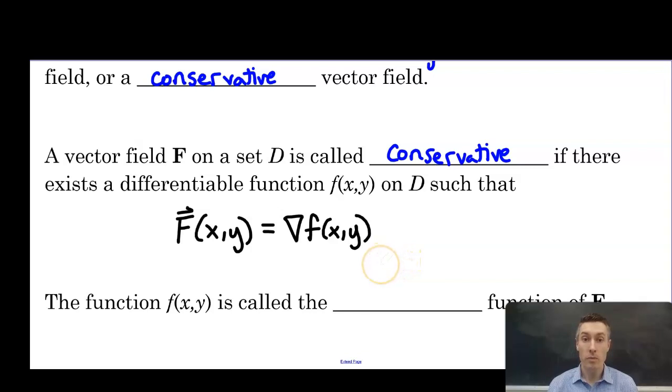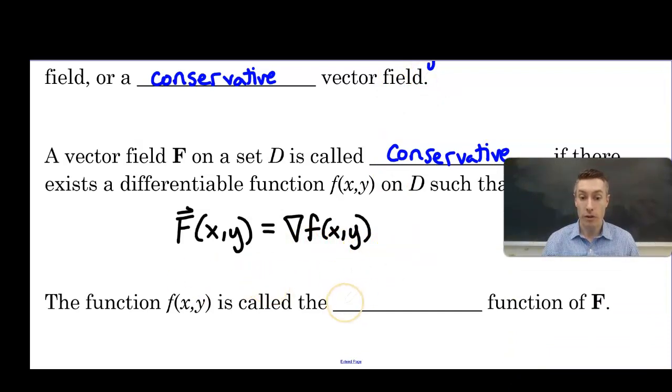So essentially what this means is the vector field is made up of components that are the partial with respect to x of some function and the partial with respect to y of some function. And we'll create our own conservative vector fields just to get a better grasp on what this means. But more importantly, later on in this unit, we're going to need to be able to find this function given a conservative vector field.